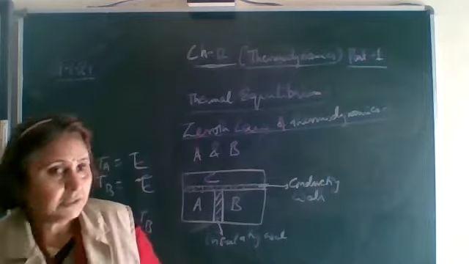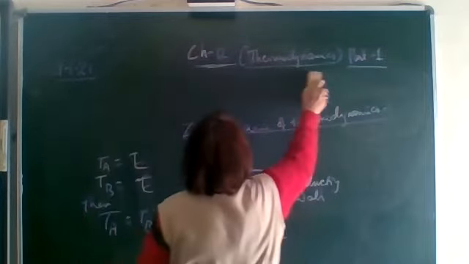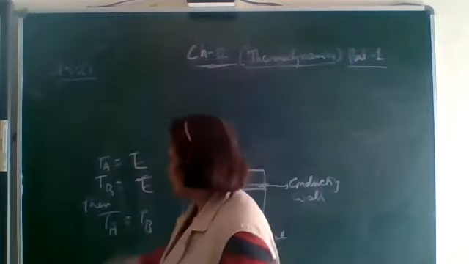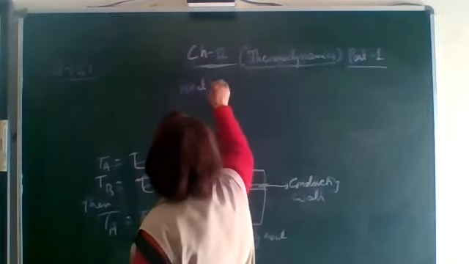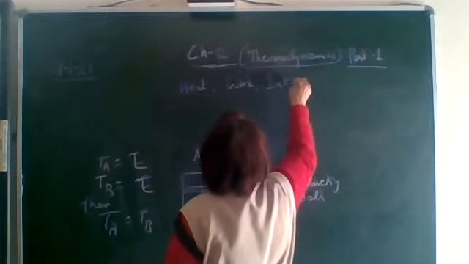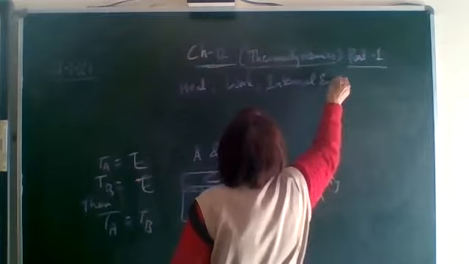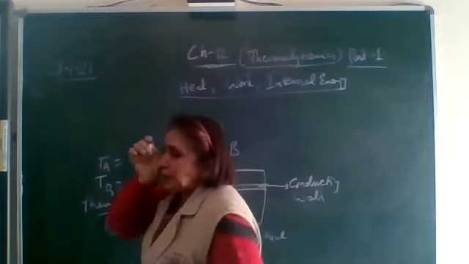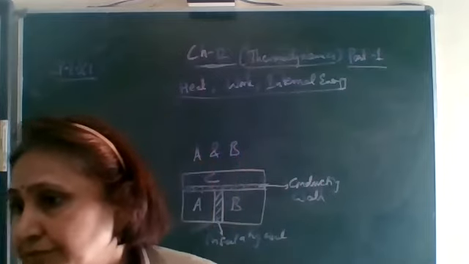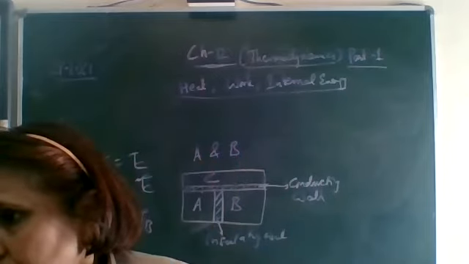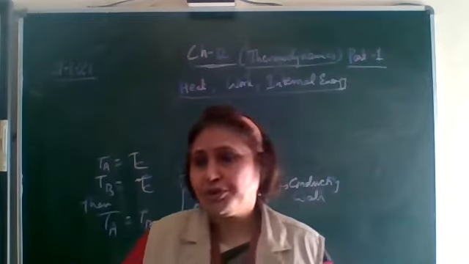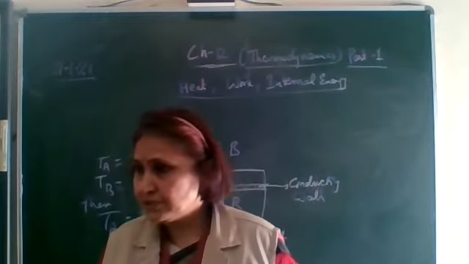Okay, write down: heat energy, work done by the gas, and internal energy. What is meant by heat energy? Heat is a form of energy. It flows from a hot body to a cold body when they are brought in contact with each other.